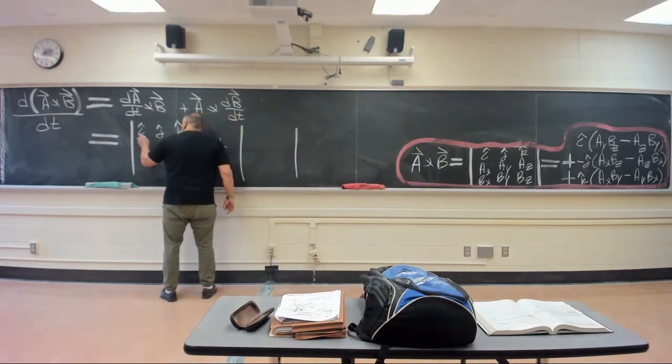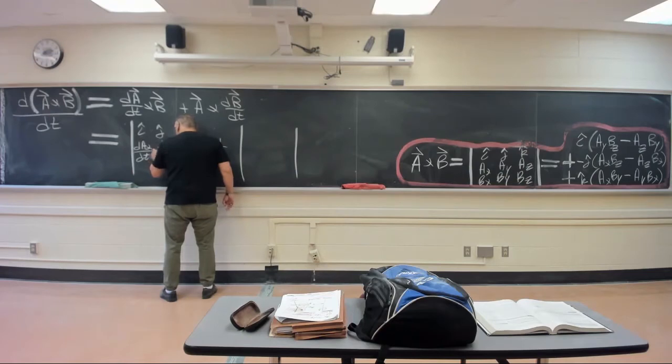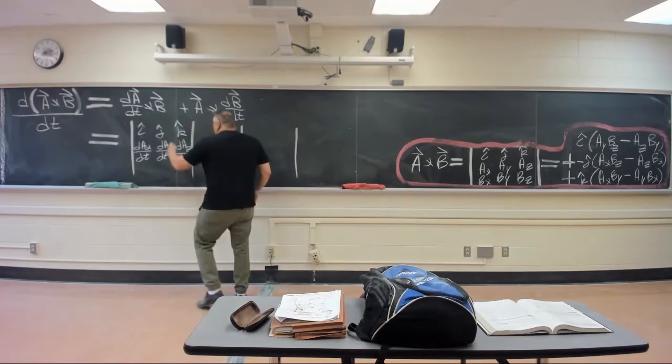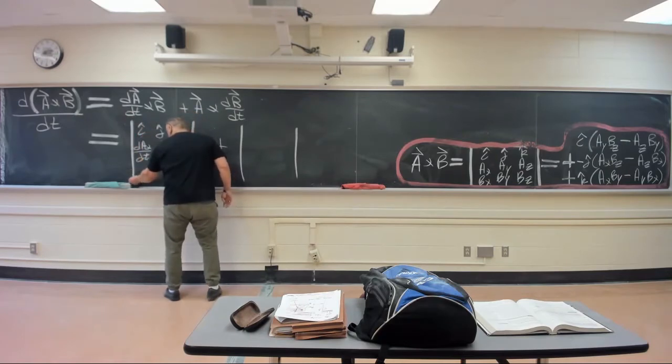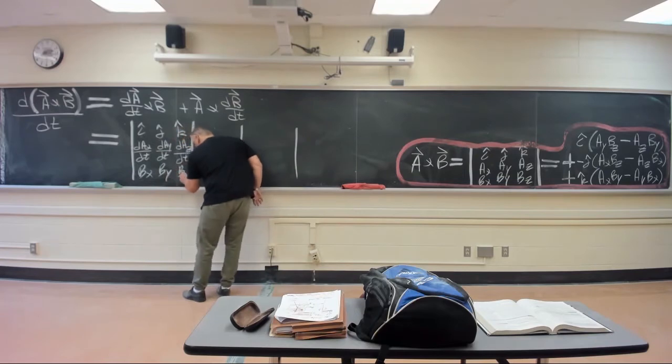I vector, j hat, k hat, dA vector dt is dAx dt, dAy dt, dAz dt. The order matters. Okay, that one's here. It's in the middle. It's the first. It's above what B vector is. What's B vector? B vector is bx, by, bz.